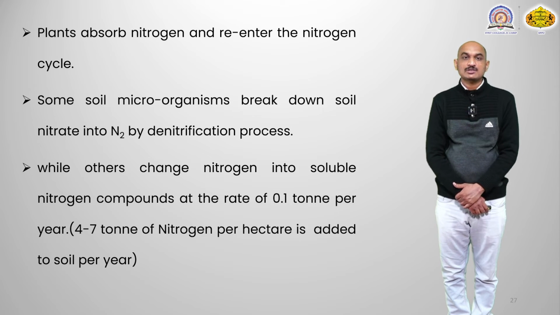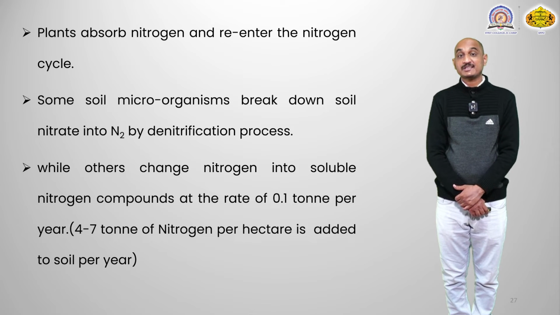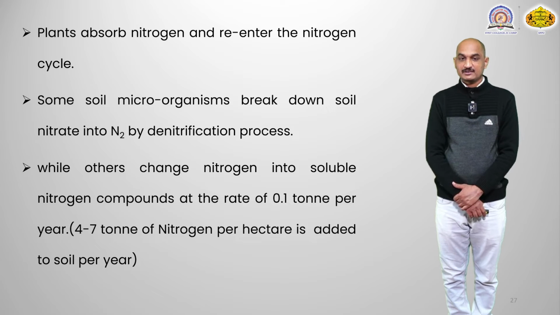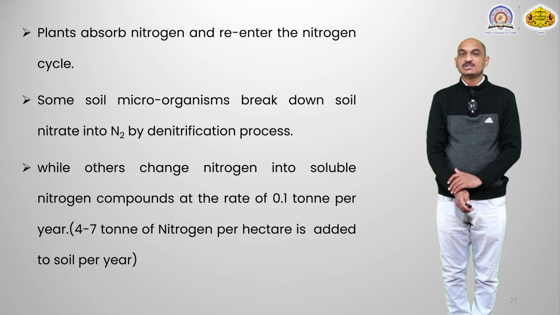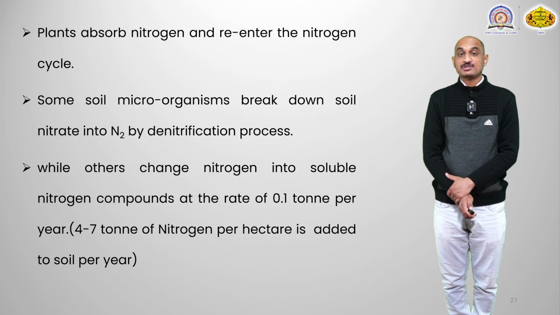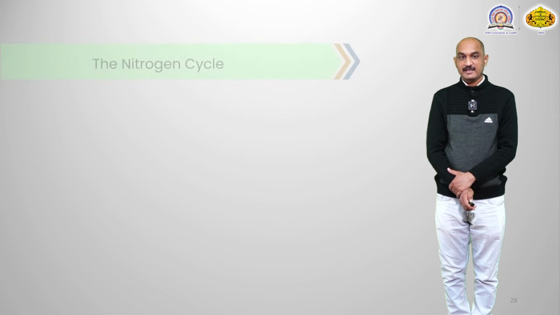That means about 4 to 7 tons of nitrogen per hectare is added to the soil per year, okay. It's a very large quantity of nitrogen added to a soil per year, okay.